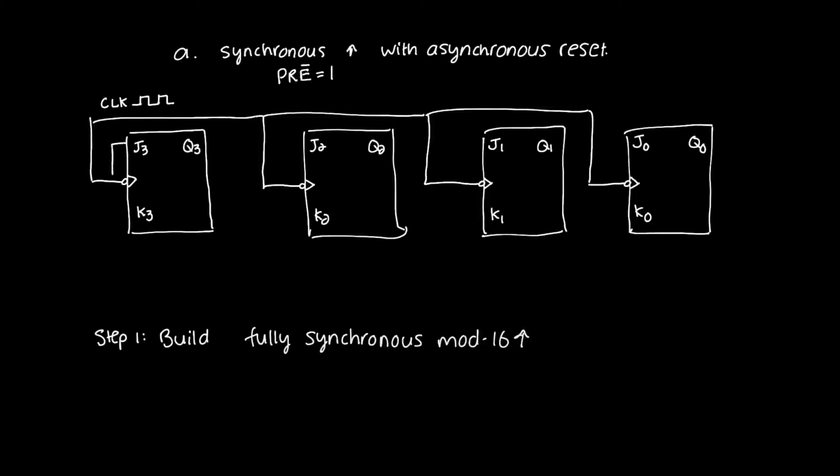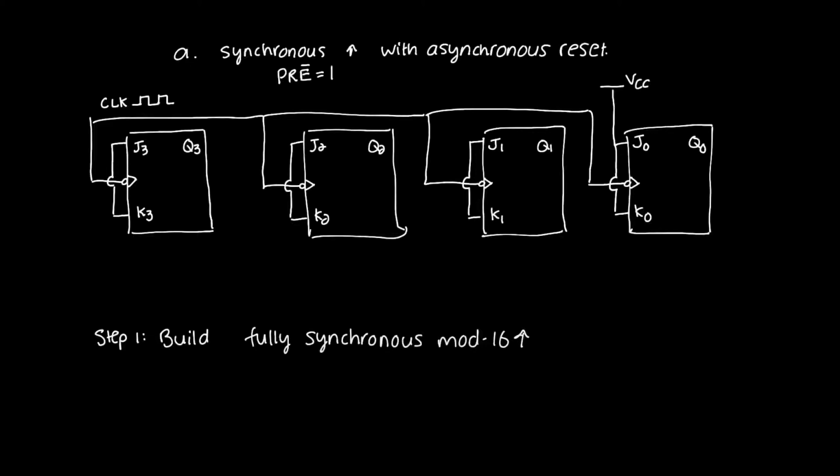Next, I'm not going to go over the excitation table for a mod 16 up counter, but you will recall there is a pattern, and this only applies to natural mod number synchronous counters. In the first flip-flop, the least significant bit, J and K are both wired high. In fact, for all the flip-flops, the J's and the K's are wired together.